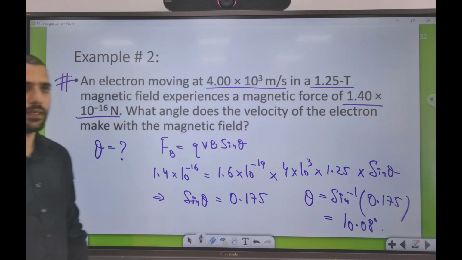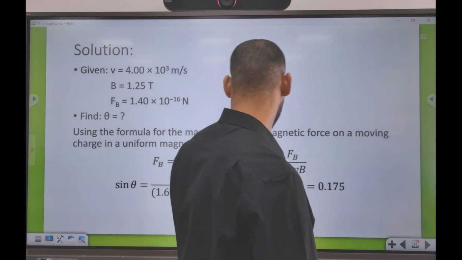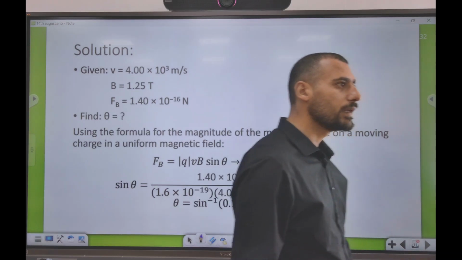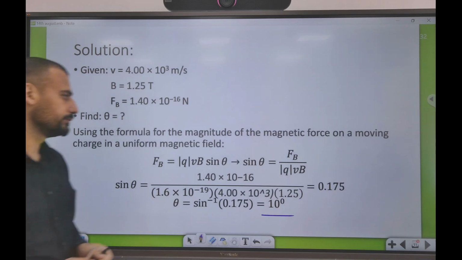Fine? Any problem in this? If there is no problem, then yeah, 10 degrees is correct.